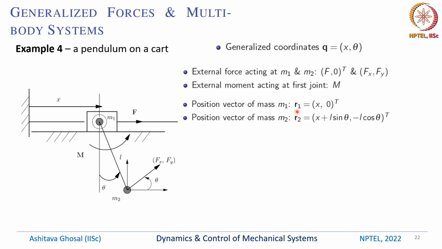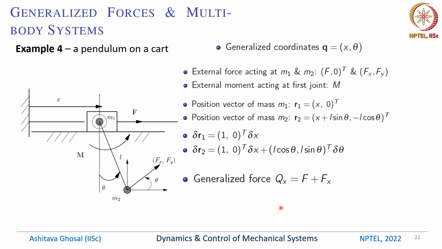So we can have these vectors r1 and r2. The derivative of these position vectors, delta r1, is 1, 0 delta x, and similarly delta r2 is 1, 0 delta x plus the derivative of this term, which is L cos theta, minus L sin theta, into delta theta. Okay.